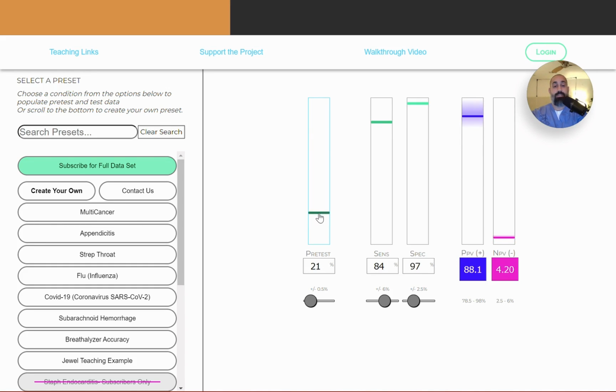If the pretest is 20%, a positive test is very, very meaningful. So the clinical status of the patient matters a lot. You cannot interpret a test in isolation. That is an absolutely critical point.